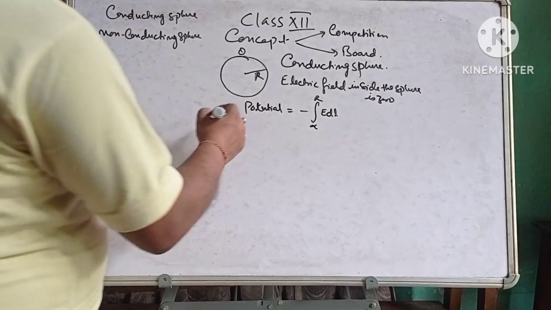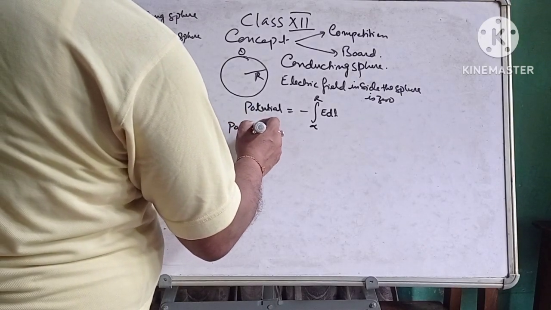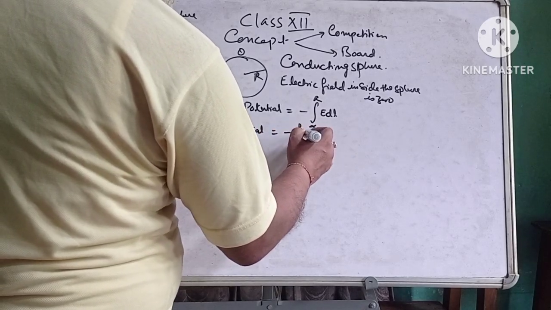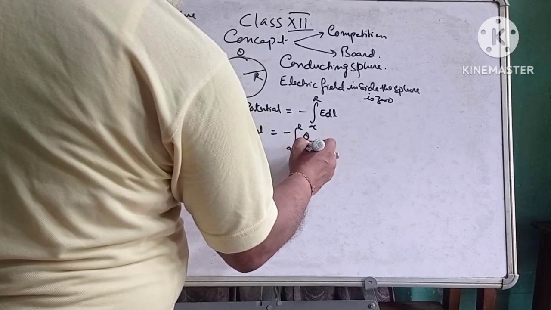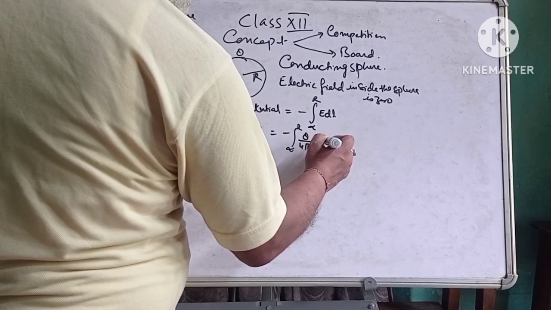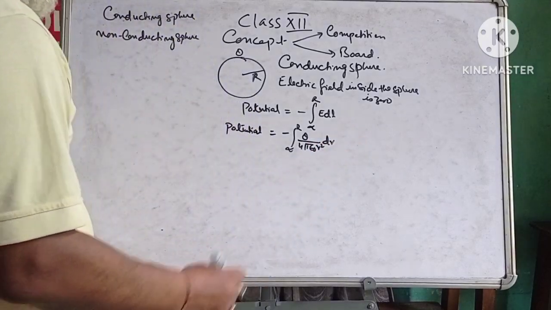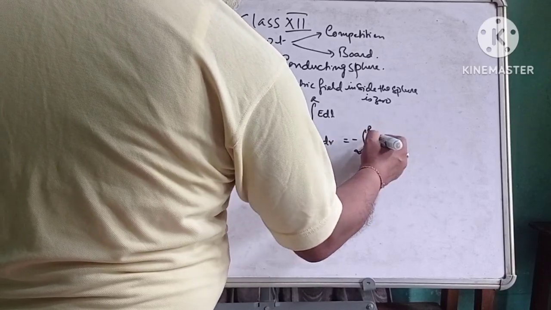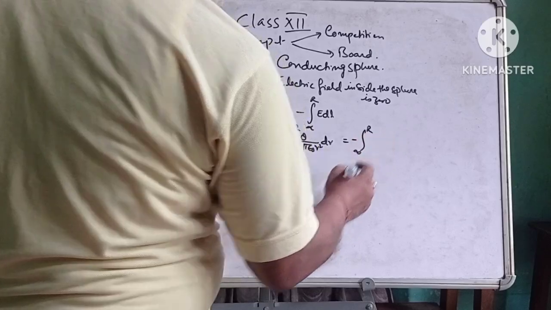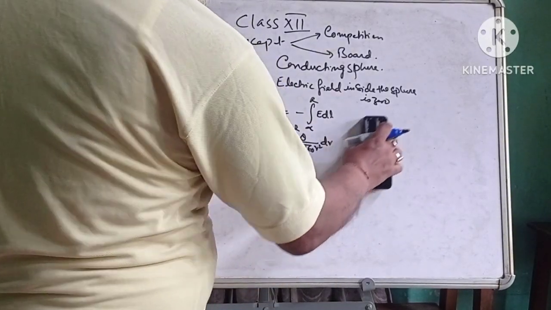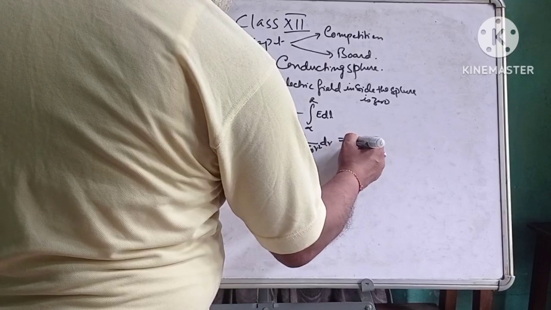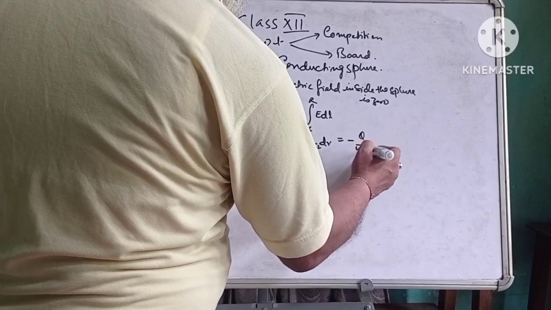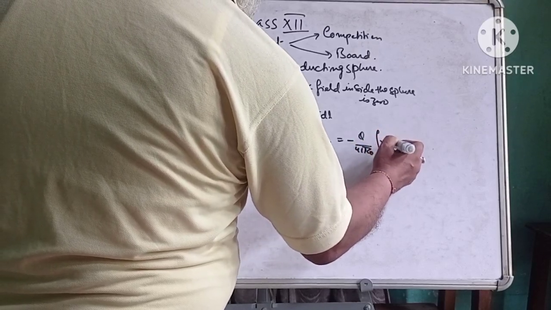So here, your potential on the surface will be minus integral from infinity to r of E, which is q by 4 pi epsilon naught r square, dr. So this will be minus q by 4 pi epsilon naught, r to the power of minus 2 dr.